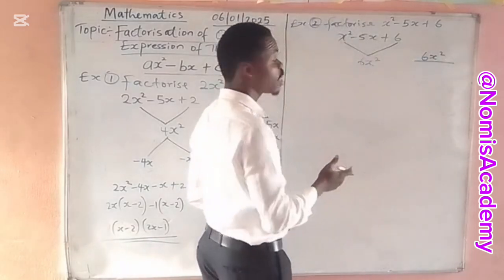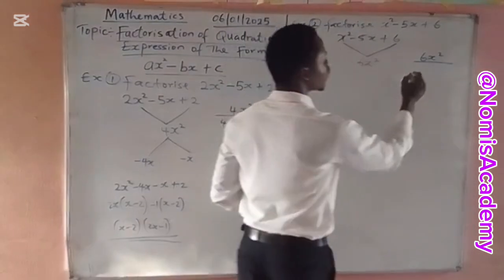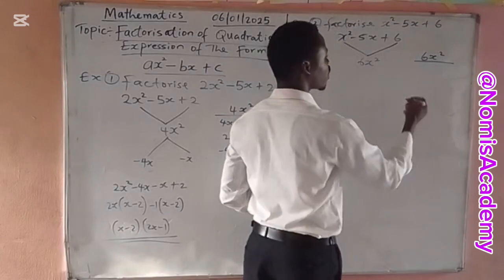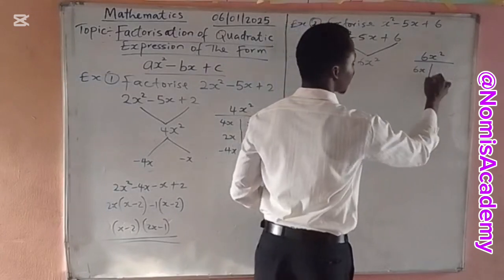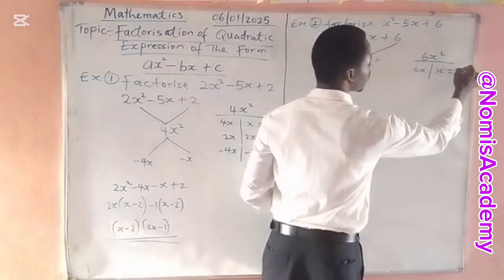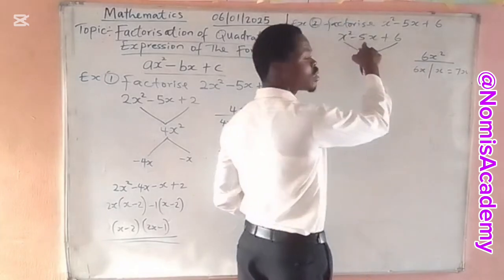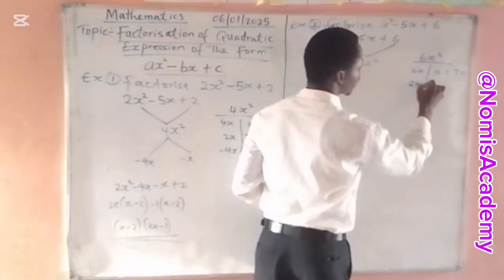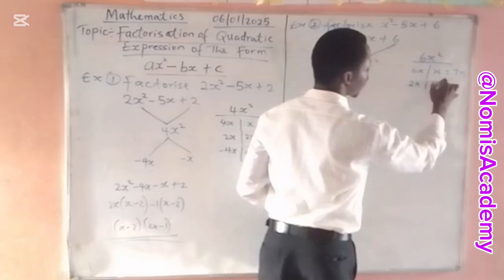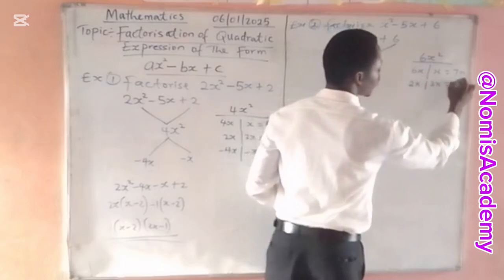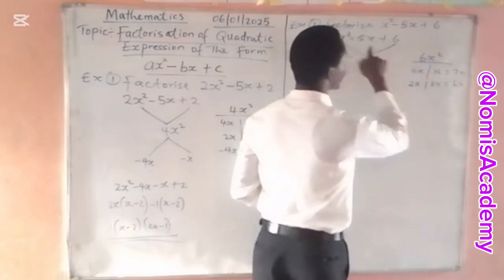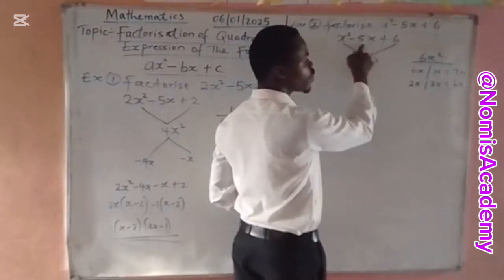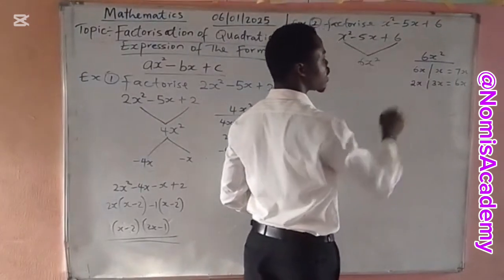Let's pick them one after the other. 6x and x sum up to 7x, and that is not what I'm looking for. The next factors, 2x and 3x, sum up to 5x, which is not what I'm looking for. And these are all the factors of 6x squared.